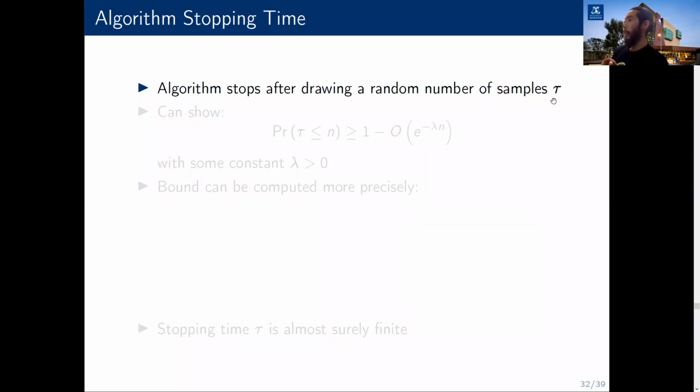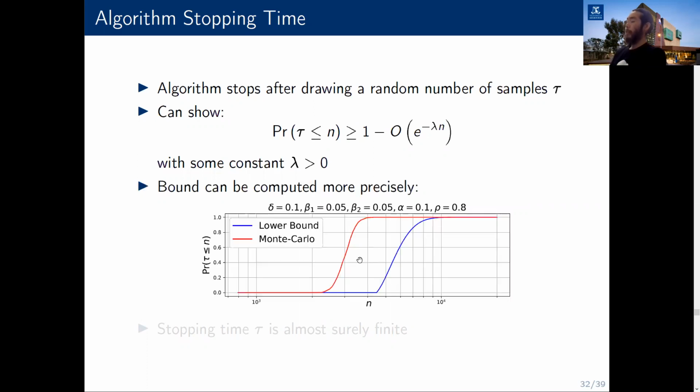If we consider the number of samples that we draw as a random variable tau, then we can show that we've got this lower bound here for the distribution of when it stops. We can compute this bound a bit more precisely, and this can be useful for giving a not too shabby prediction of when our algorithm is going to stop.